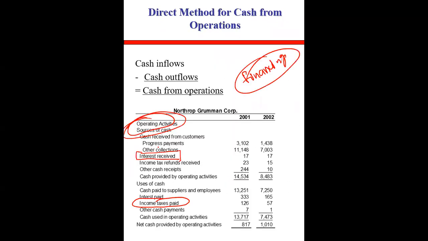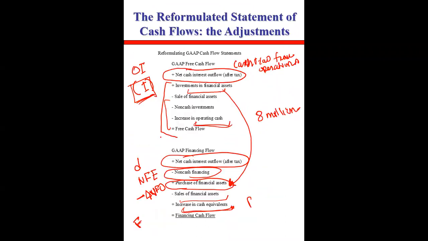Okay. So let me write it here. Cash provided by operations. So first of all, we are taking the free cash flow. You can recall the method 1.